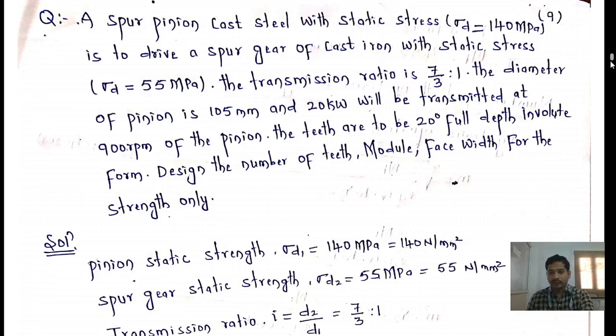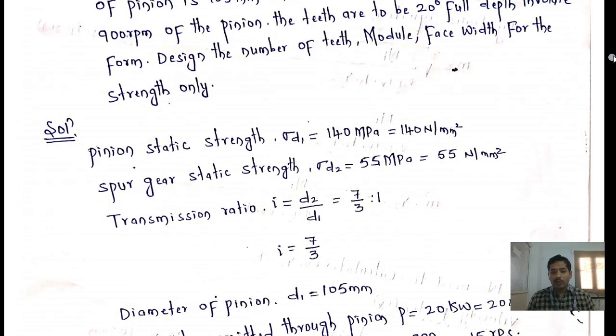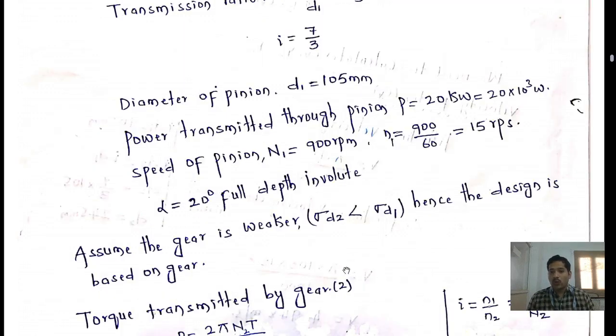The diameter of the pinion is given as d is equal to 105, and the power transmitted by the pinion is given as 20 kilowatt. If you want to convert kilowatt to watt, 20 as it is, kilo means 10 power of 3 watt.